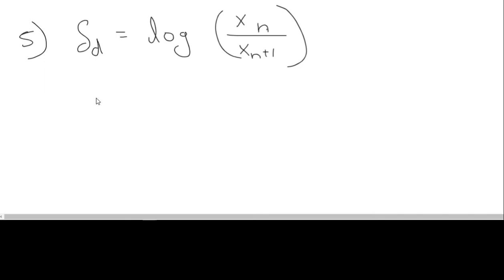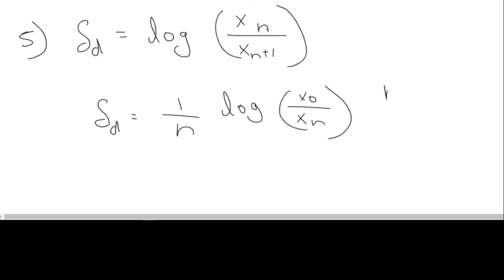You can also use another formula: logarithmic decrement is equal to 1 over n log of initial amplitude divided by final amplitude, where n is the number of oscillations, or the number of cycles.